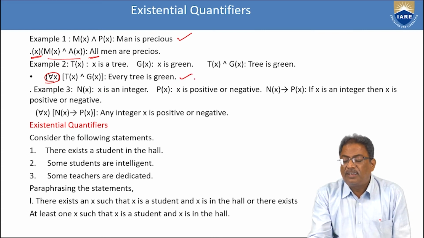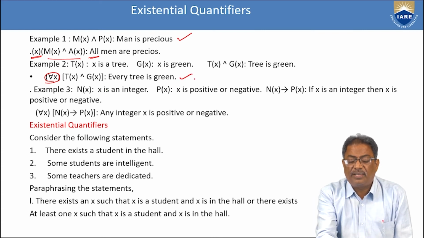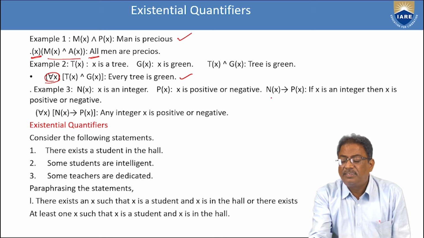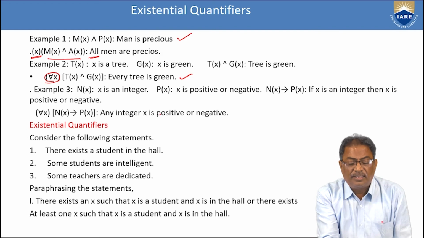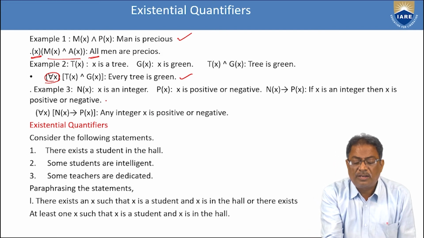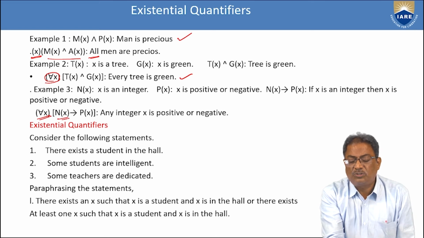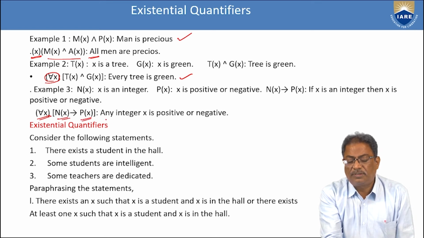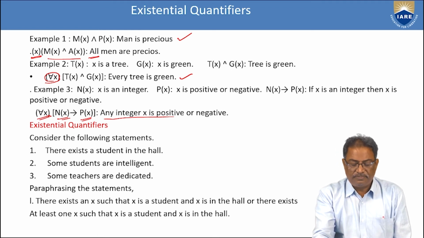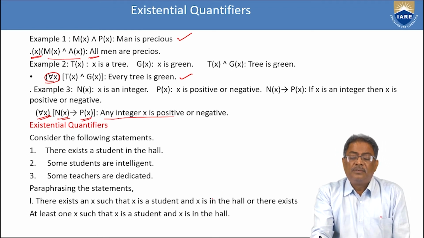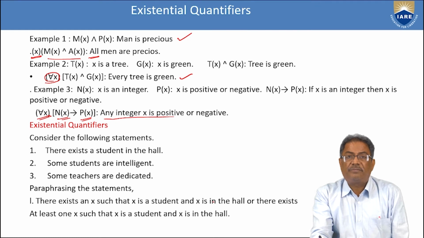Another one: if x is an integer, then x is positive or negative. For every x, if N of x is true, then P of x. So any x is positive or negative.